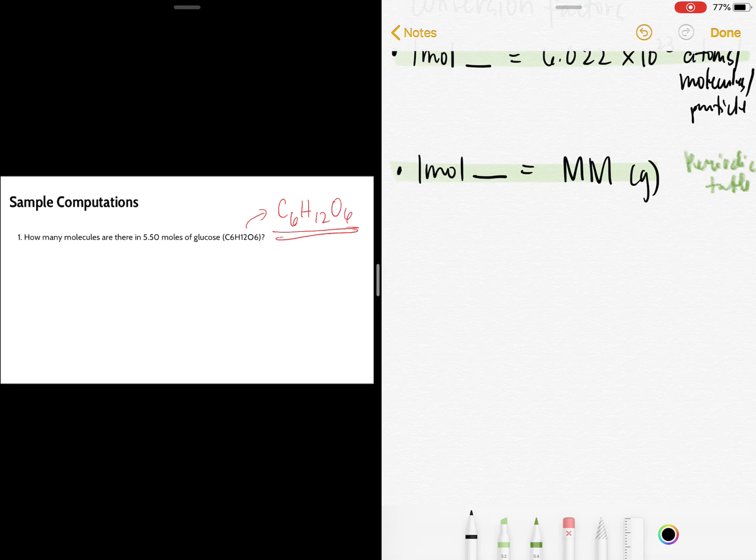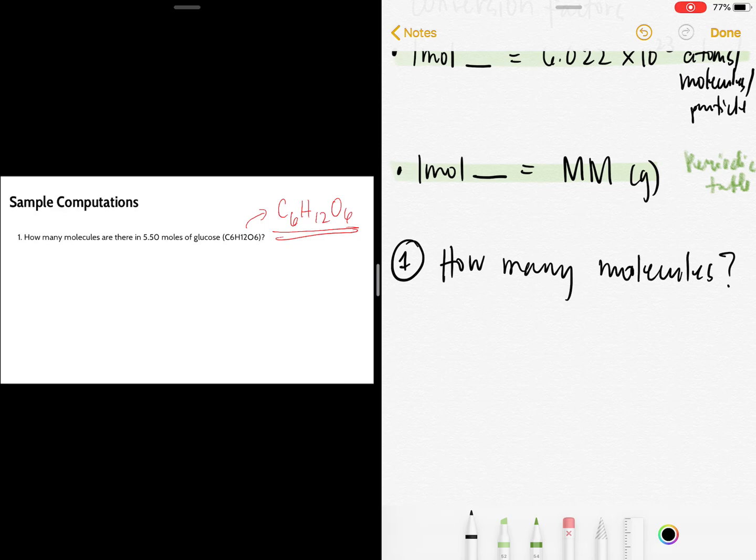Step 2, make sure you understand the problem. The best way to do this is to identify ano ba yung hinahanap sa iyo. Ano yung hinahanap sa atin sa problem na ito? You are asked, how many molecules? Ang tanong sa'yo, ilang molecules?